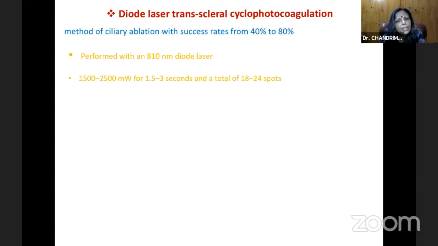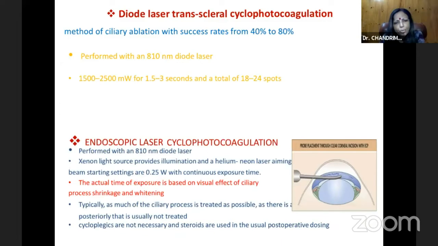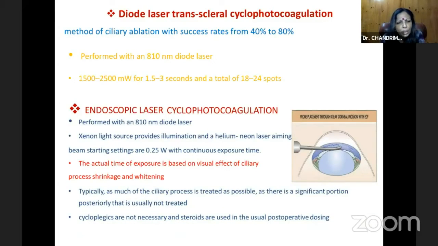So diode laser transscleral cyclophotocoagulation is a method of ciliary ablation with success rates from 40 to 80 percent and performed with the diode laser, and these are specific with the endoscopic laser cytophotocoagulation performed also with the diode laser, and the actual time of exposure is based on visual effect of ciliary process shrinking and whitening.